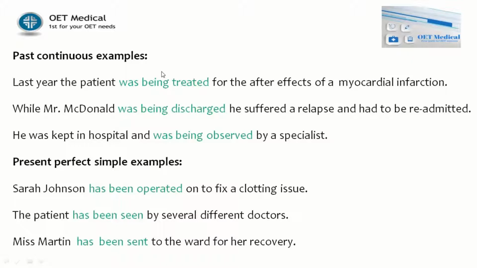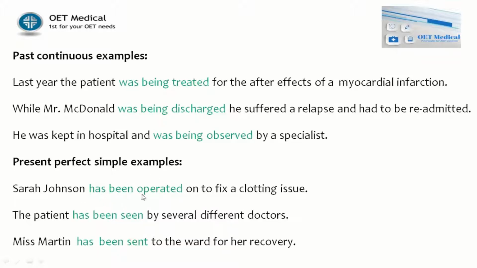Past continuous examples. Last year, the patient was being treated for the after effects of a myocardial infarction. While Mr. McDonald was being discharged, he suffered a relapse and had to be readmitted. He was kept in hospital and was being observed by a specialist. Present perfect simple examples.